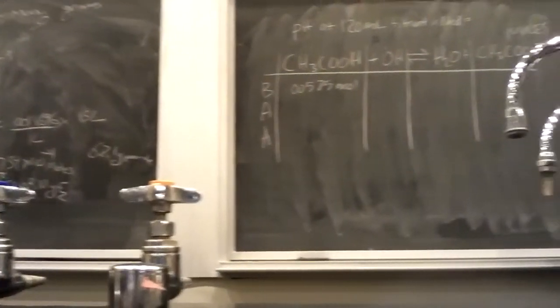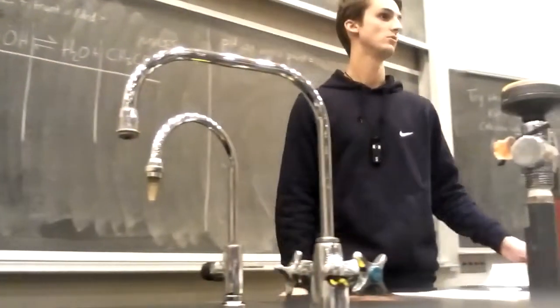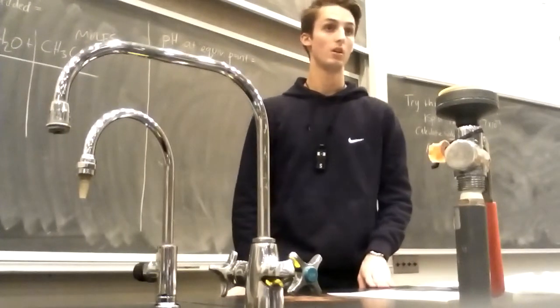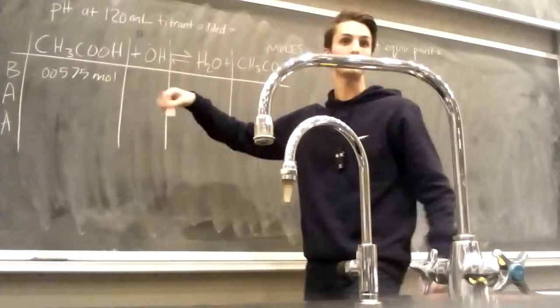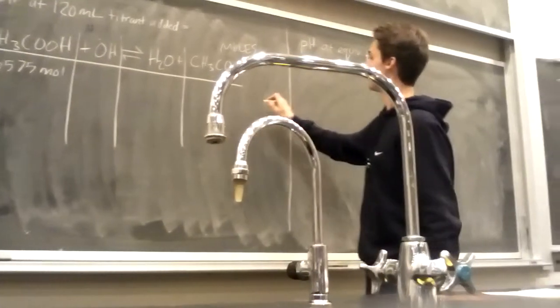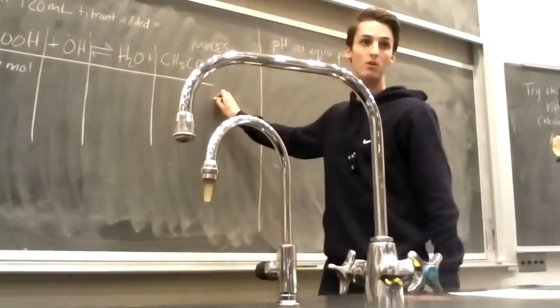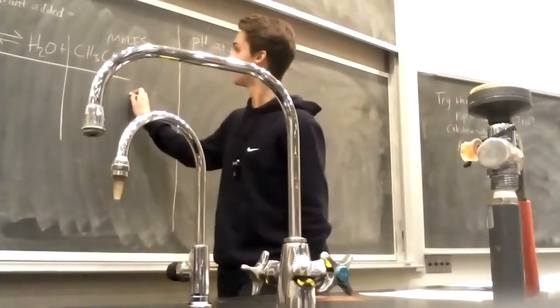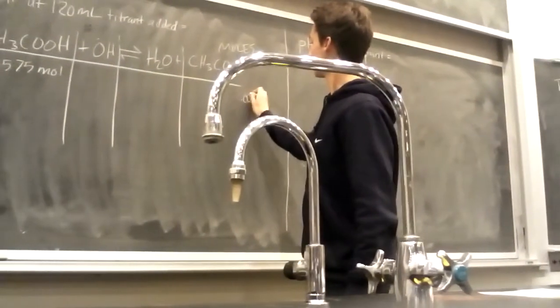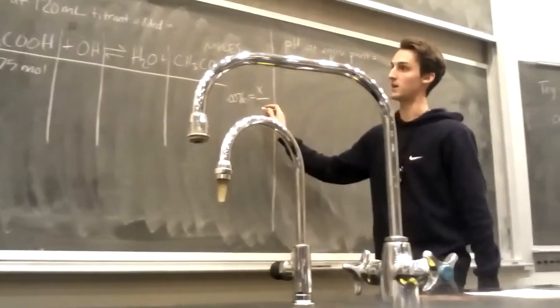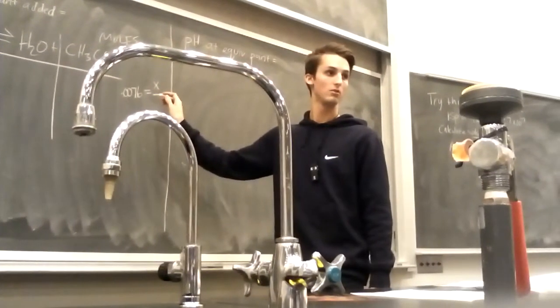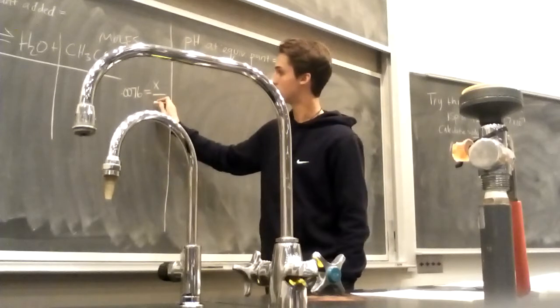Now, what do I need to figure out? How many moles of OH is added. This is the way that I always do it. What's my OH molarity? 0.0076 equals x moles over how many liters? 0.12.